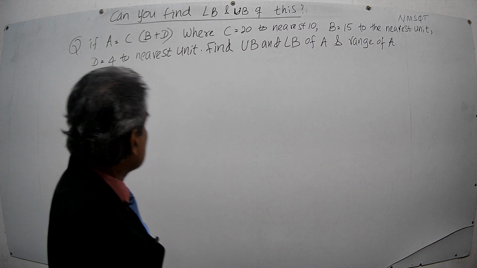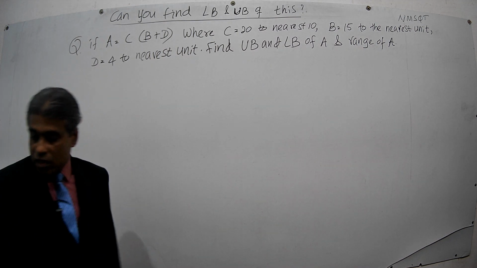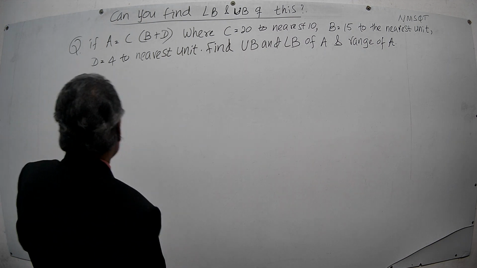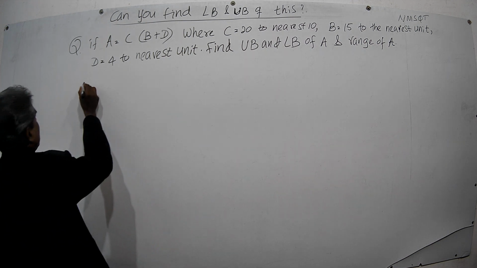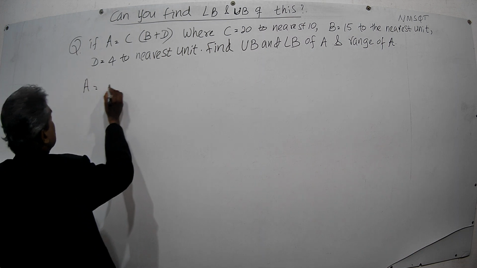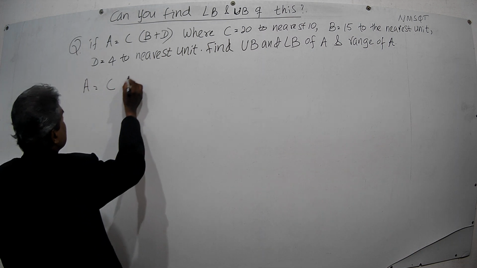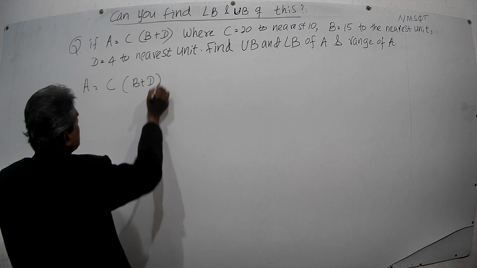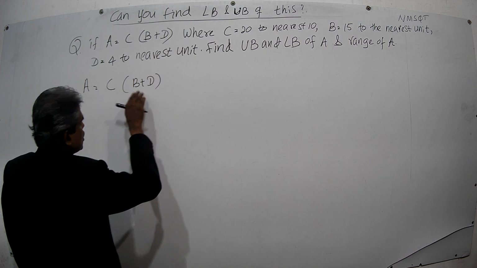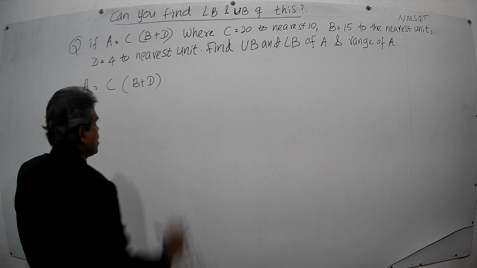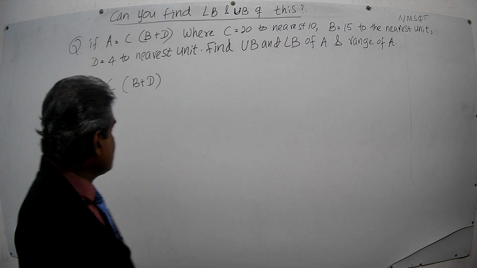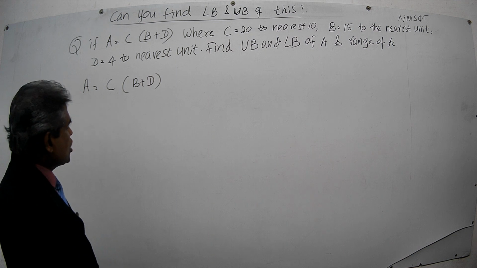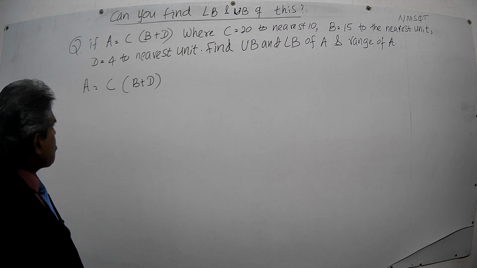Okay, now look at this one here. Now the question is this. There's a statement, there's an equation here. A is equal to C times B plus D. C has to be multiplied by this whole block of B plus D. Can you see that there is a product here?